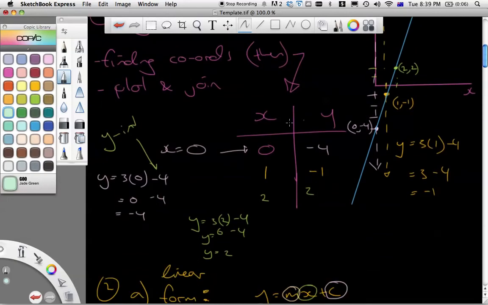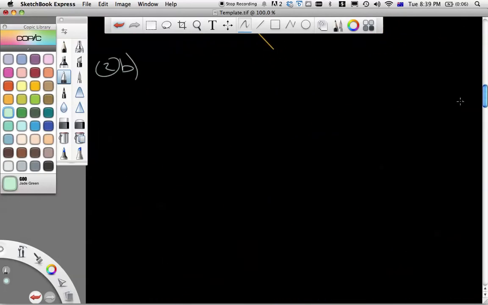So what coordinates do we have? Let's use 0, -4, and 2, 2. So let's draw them in coordinate form. Coords 0, -4, and 2, 2.